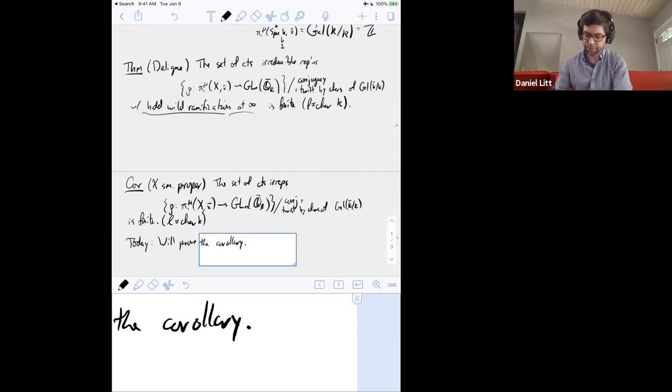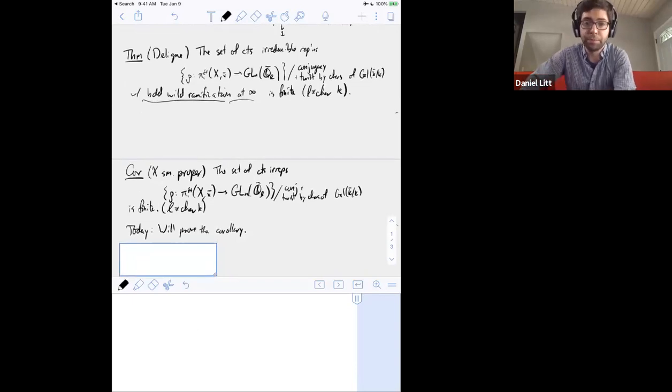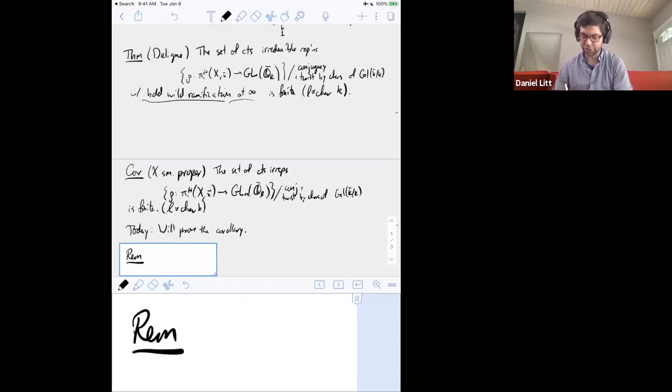Okay, so because I'm only going to prove this corollary, let me talk a little bit about this condition of bounded wild ramification and what it means and why it's necessary. And then we're going to talk about the proof of this corollary, which is just the smooth proper case. All right. So first of all, let me just say what bounded wild ramification means. And this remark is for experts.